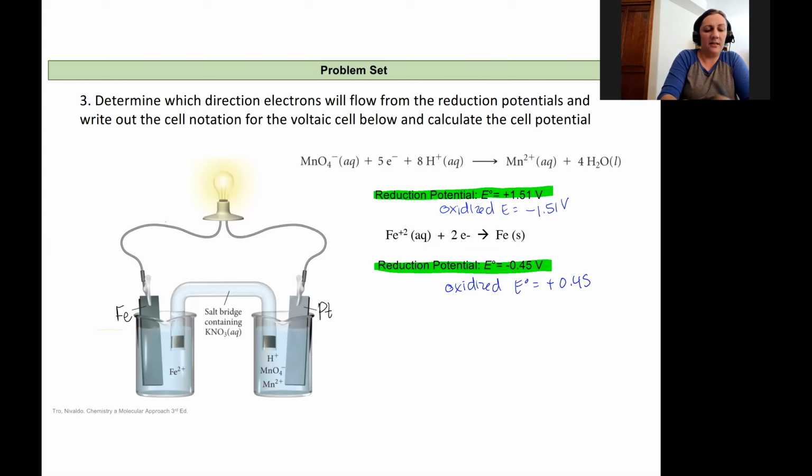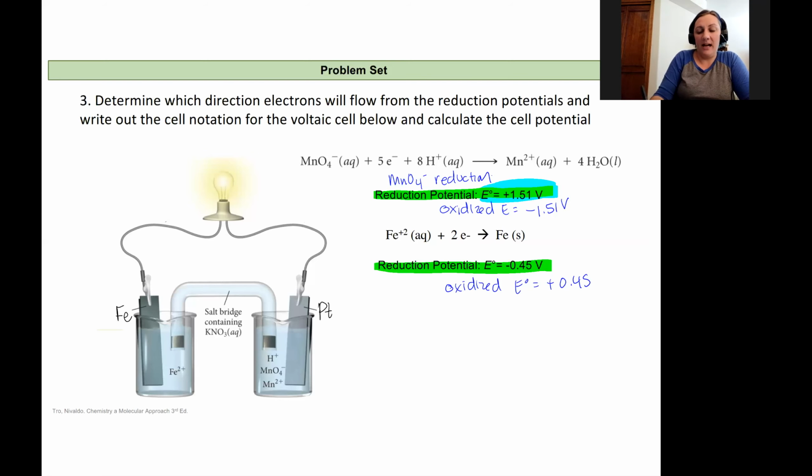Of these, the one that is the largest positive number is, in fact, the reduction potential for the manganese oxide. So that's going to drive our reaction, which means that what will happen spontaneously is manganese oxide reduction.